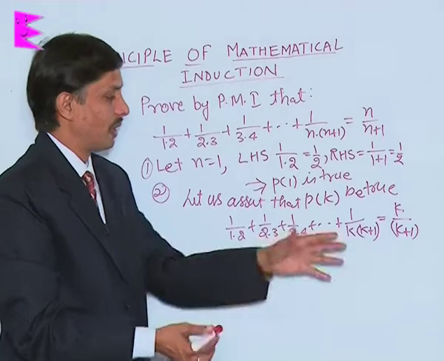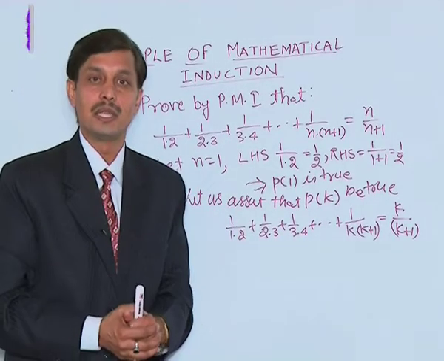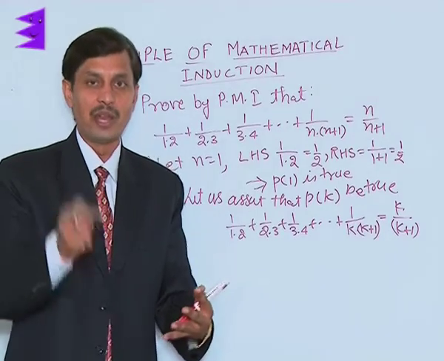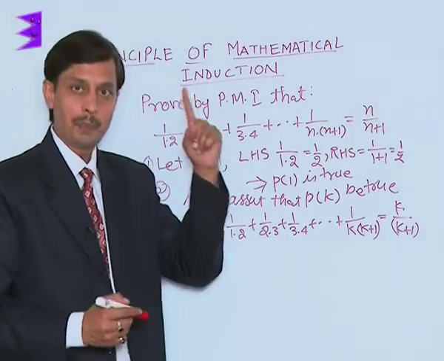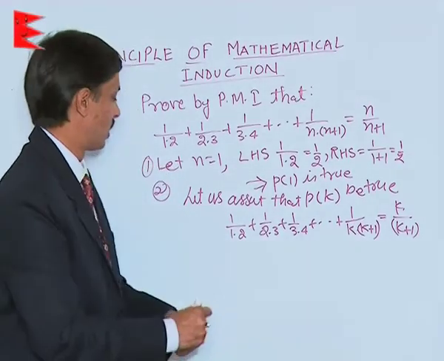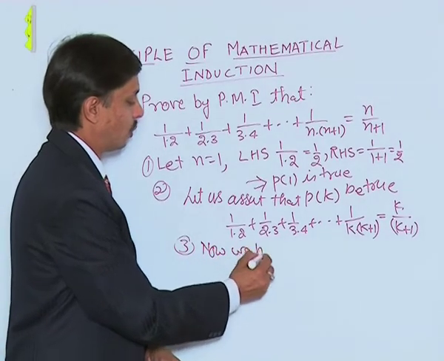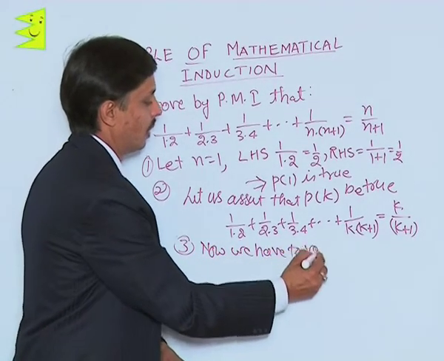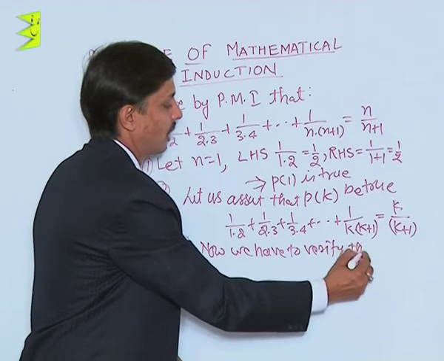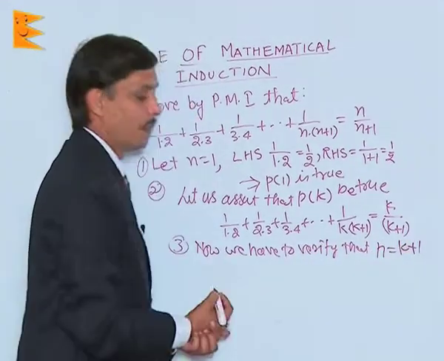Now what do we need to do in the final step? The final step is that we prove it is even true for n equals k plus 1. So third step, now we have to verify that it is true at n equals k plus 1.